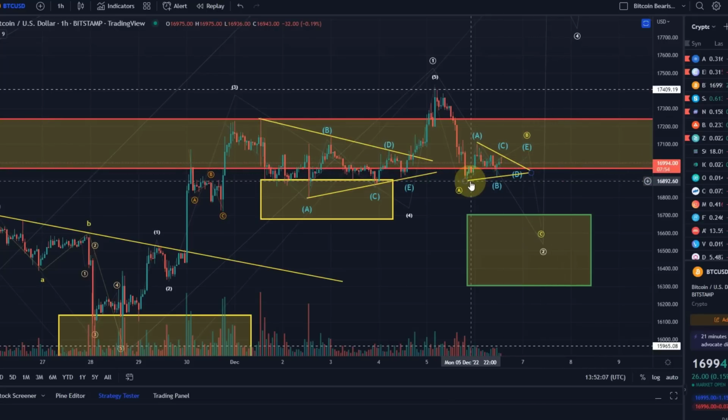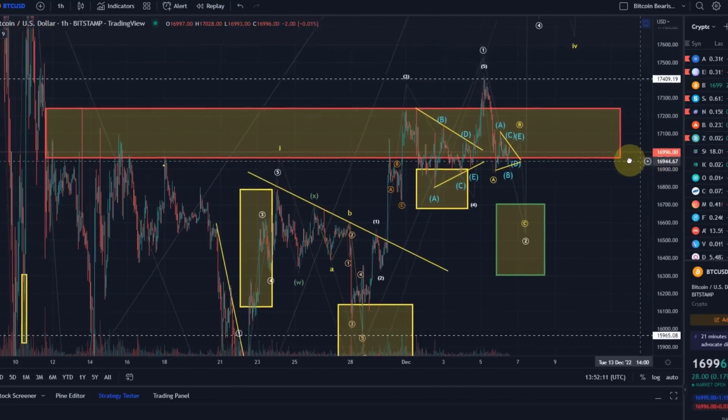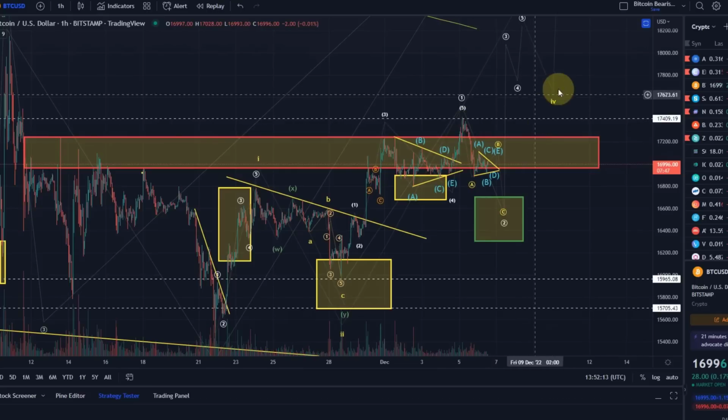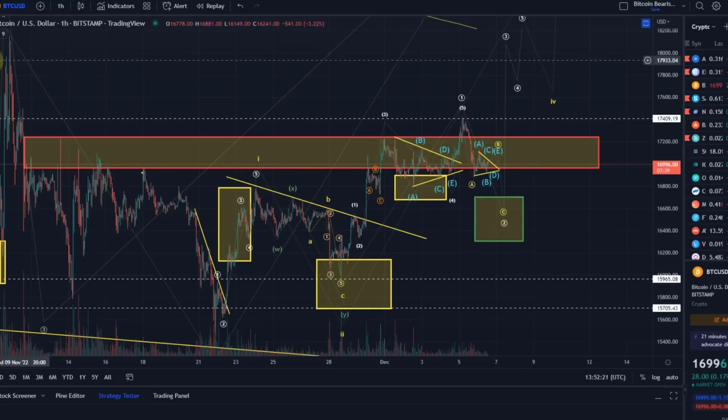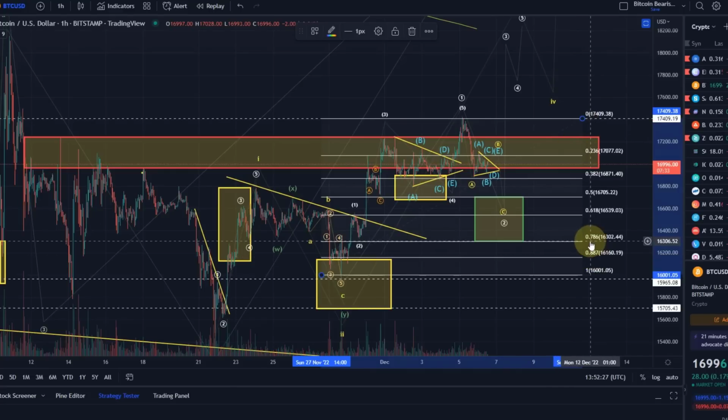And then, of course, we still have the looming threat that a top is already in place. But I would really only go with that as soon as we drop below 16,300. Bear in mind, this is the 78.6% retracement. If we drop below that level here, 16.3K, it will make a bearish scenario very likely.